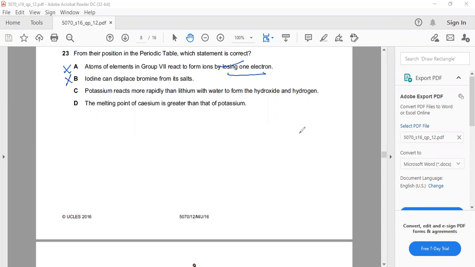No, because iodine is below bromine. Potassium reacts more rapidly than lithium? Yes, correct. Melting point of cesium is greater than that of potassium? Wrong. Melting point in group 1 decreases down the group. So C is the correct answer.